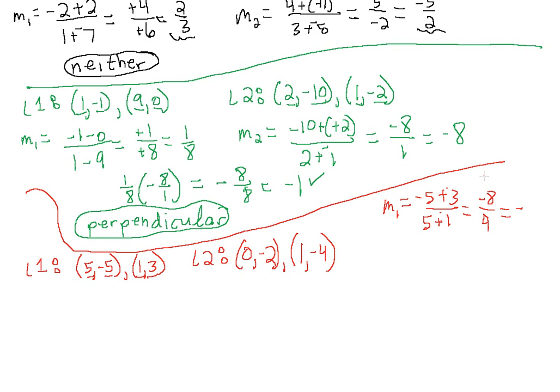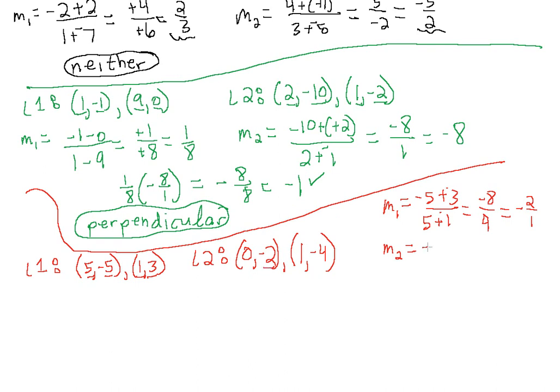Let's go ahead and still write it as a fraction. So instead of writing it as -2, let's leave it as -2 over 1, so it would be a little easier to see if they're parallel, perpendicular, or neither. It's a little simpler to compare rational numbers like that.